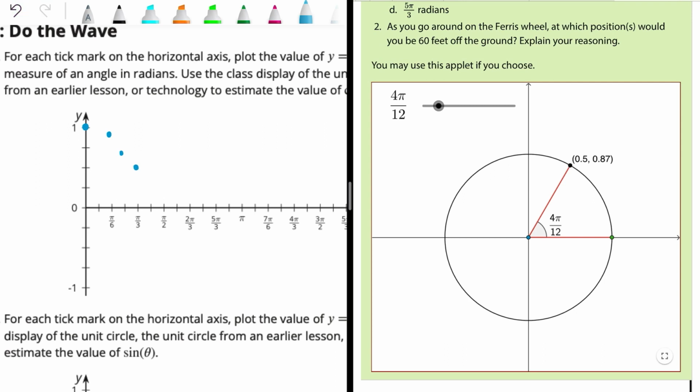I'm not very good at drawing. All right, so then 6 pi over 12 is pi over 2. So that's going to give us 0. And then 2 pi over 3 is going to be the same thing as 8 pi over 12. So that is -1/2.